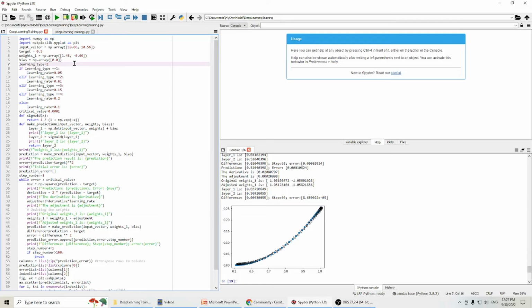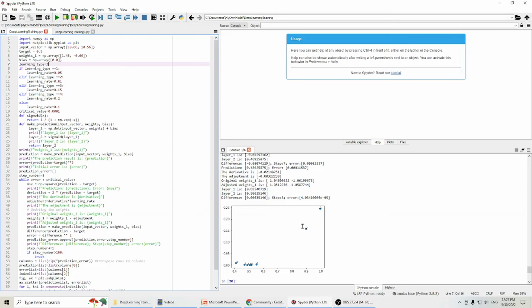And if we change the learning rate to a large amount, 0.15, you can see this is 1, this is 2, and this is 3.